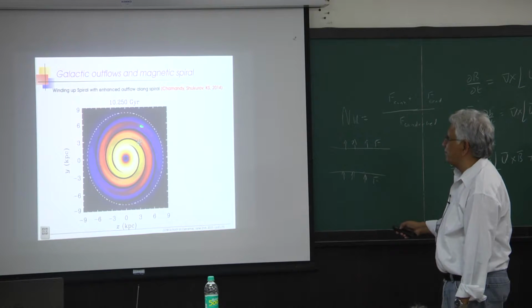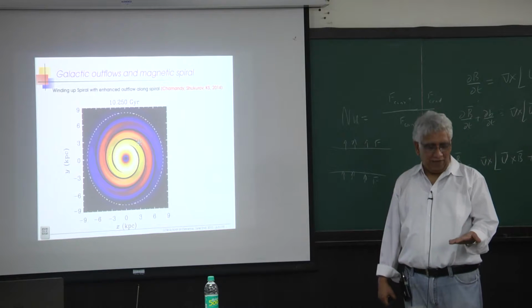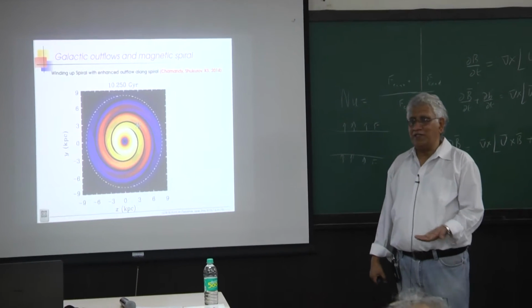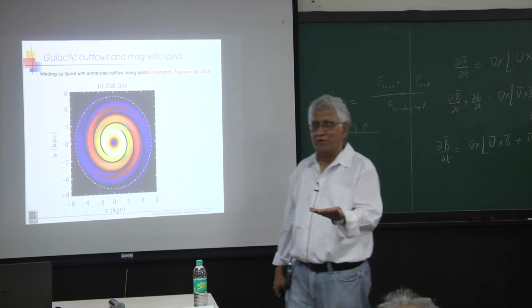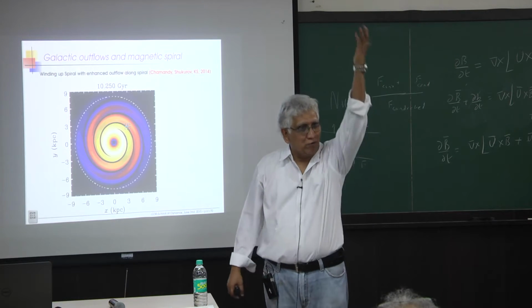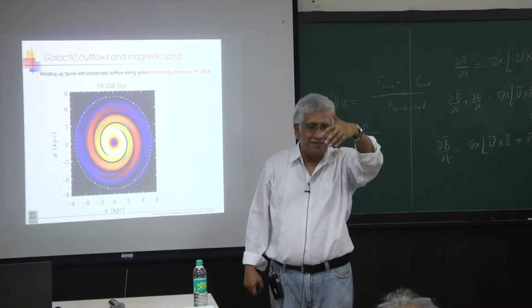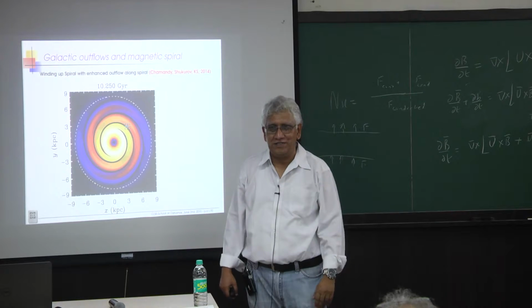The colored stuff is where the magnetic field is strong. We had a helicity flux, which you would imagine to be strongest where the spiral arms are, because that's where the star formation is the maximum. That's where the outflows will be maximum.